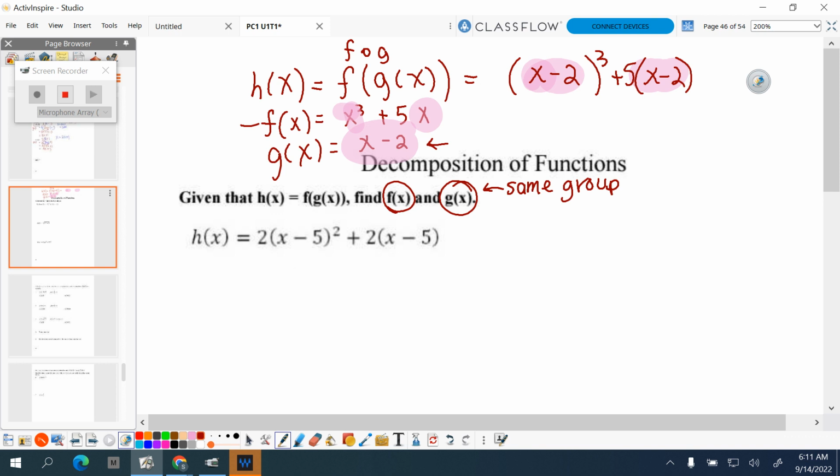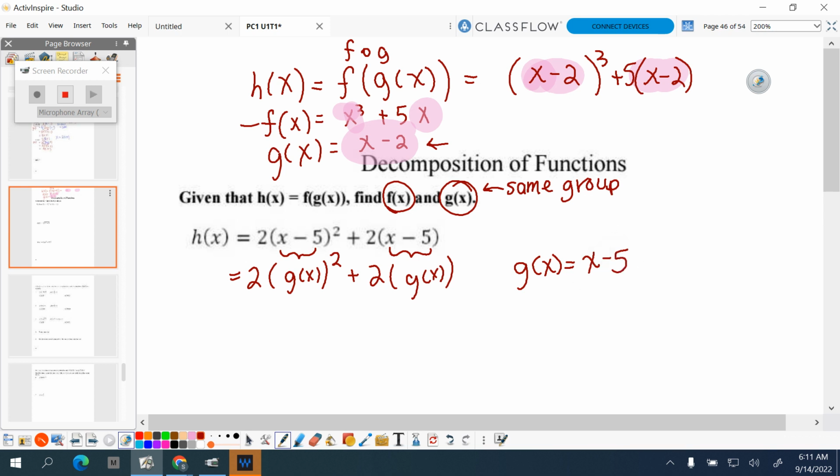If I look right here, I see x minus 5 and x minus 5. Let's replace that with g of x. We have 2 g of x squared plus 2 g of x. Let's say g of x equals x minus 5.